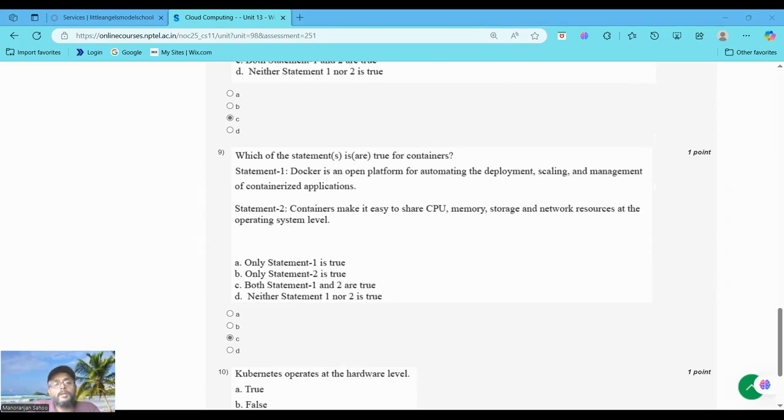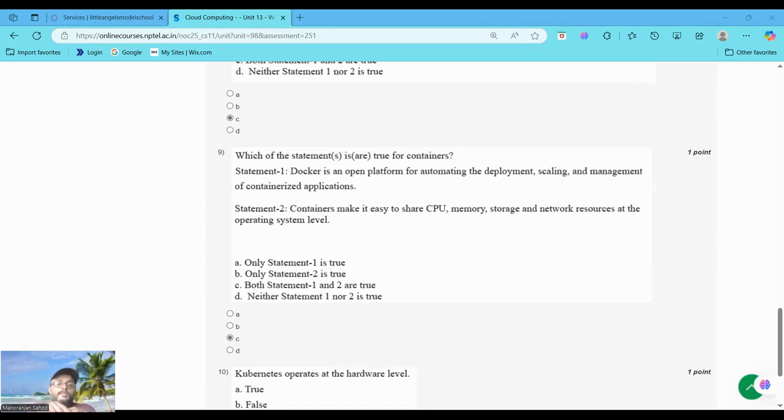Now once again we will verify question number 9. Statement 1 is verbatim from the Docker official documentation: Docker is an open platform designed specifically for containerized applications, including deployment and scaling with tools like Docker Swarm and Kubernetes integrations.